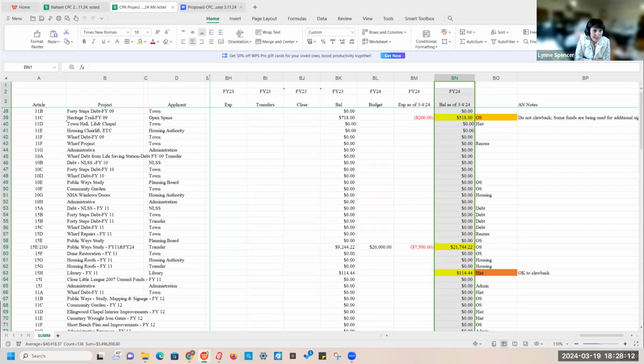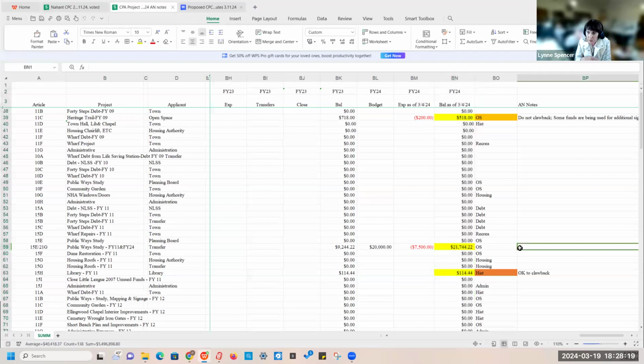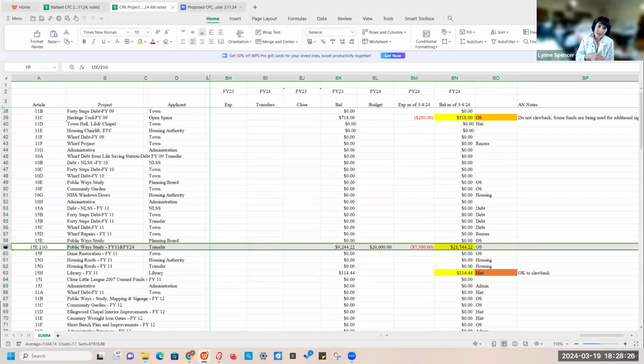Okay. Reading down the chart, the next yellow highlighted item, just so I can cover this with folks, is public ways studies. We did broach this subject with Tony last week, and Tony asked us to continue to protect those balances because he felt that he was going to need them for the work that he and the planning board are doing to try to both identify and map those public ways, but then to work to maintain them or reopen them to the public.